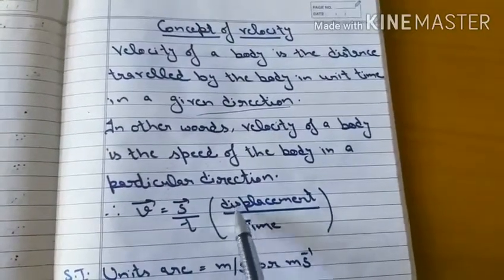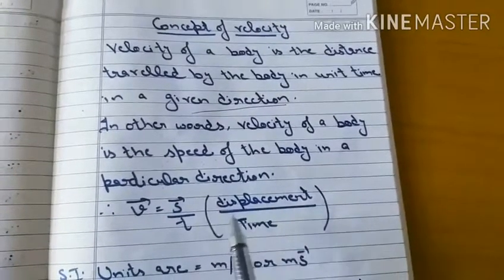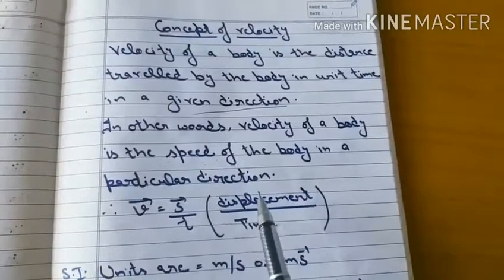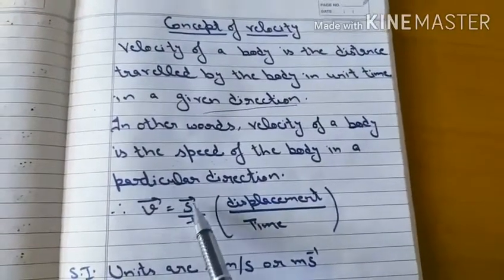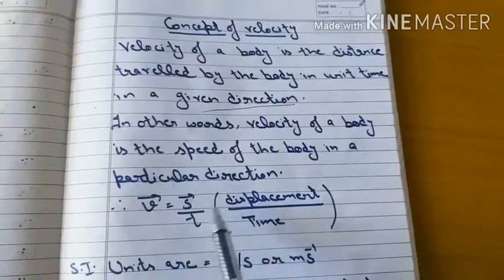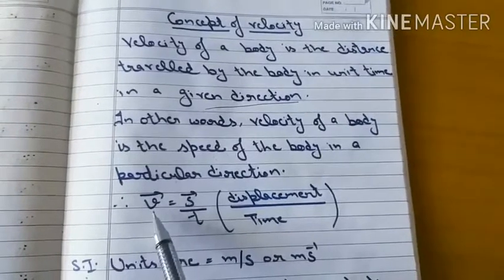So speed plus direction, what will we call speed plus direction? It will be called displacement. So velocity is simply displacement per unit time. And as we all know, displacement is a vector quantity. That's why velocity is also a vector quantity.